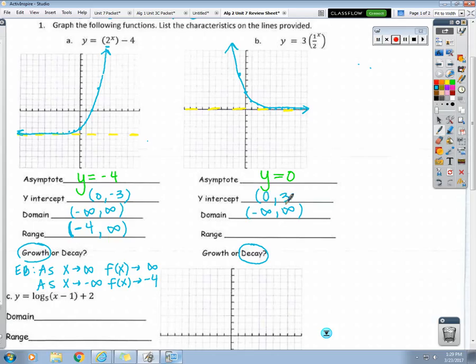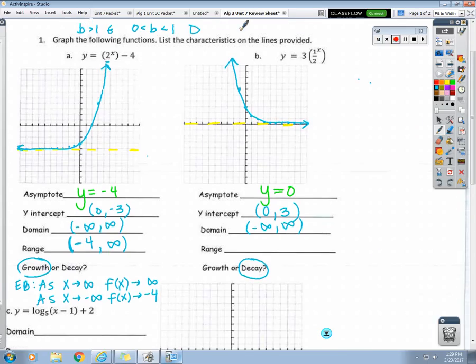0, 3. Now, not that you have to, because you're going to be able to graph it, but let's quickly talk about how I could have known the y-intercept before graphing either one of these. Remember, all exponential functions are in the form y equals a times b to the x. So for equation A, what is the a value? One.